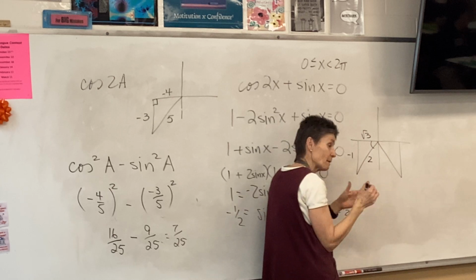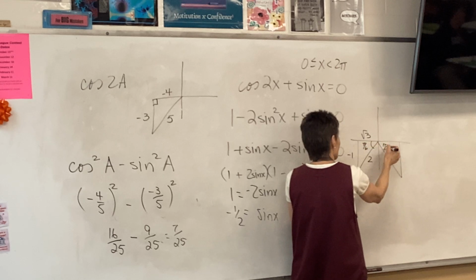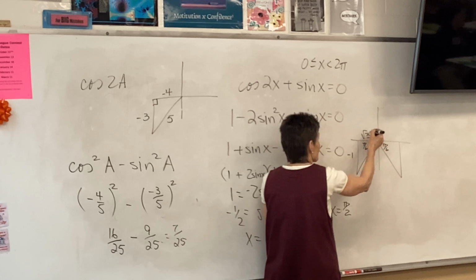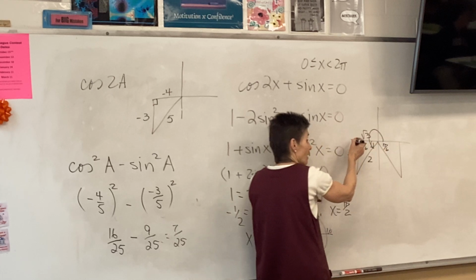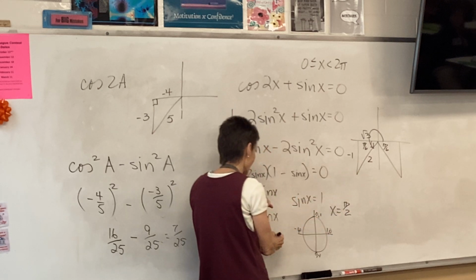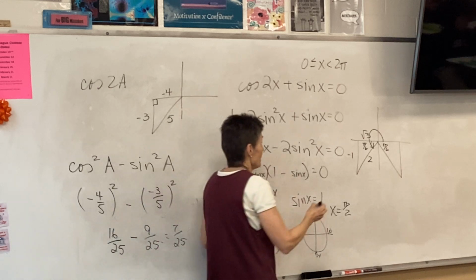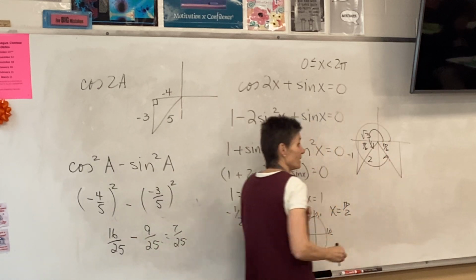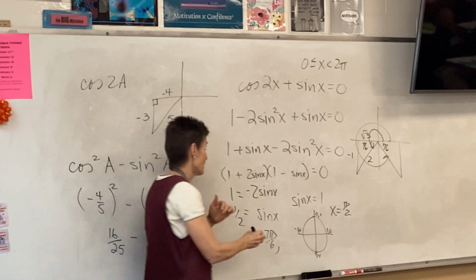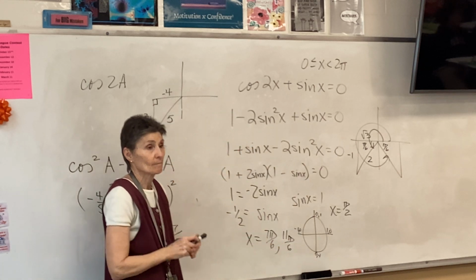It would be 30, but I'm in radians. Pi over 6. So what's this big angle? Pi plus pi over 6, which would be 7 pi over 6. It's more than pi. And then this one would be 2 pi minus pi over 6, so 11 pi over 6.